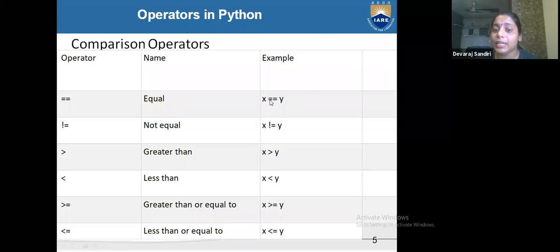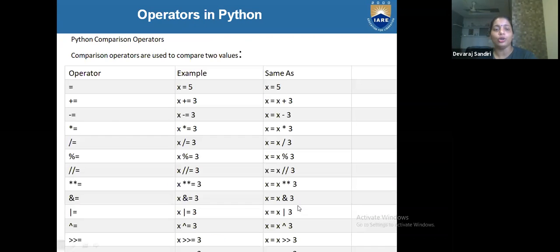In that case you have to use double equals, not single equals. Not equal means, if 5 is not equal to 10, then you have to use not equal. All conditions you use: x greater than y, x less than y, x greater than or equal to y, x less than or equal to y.